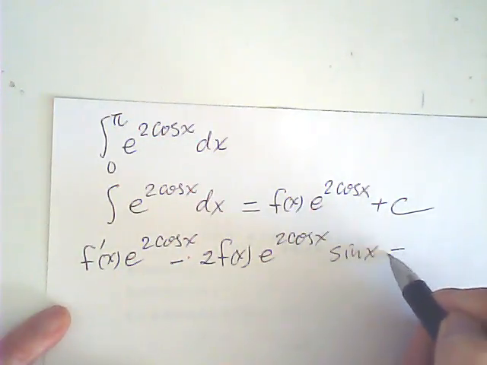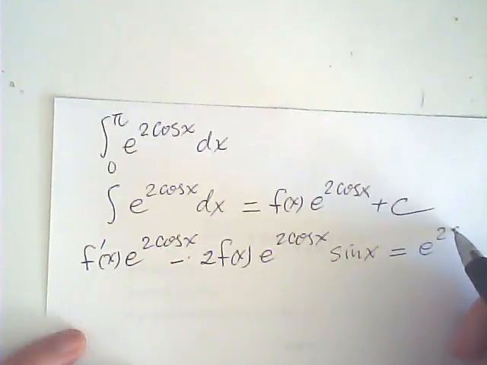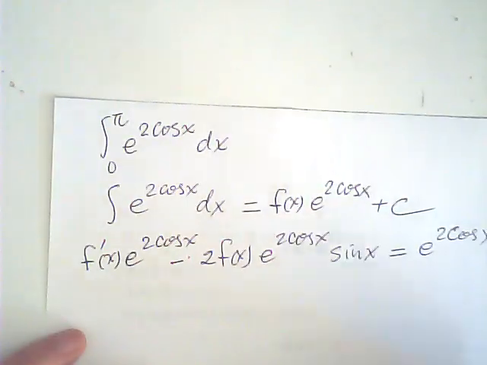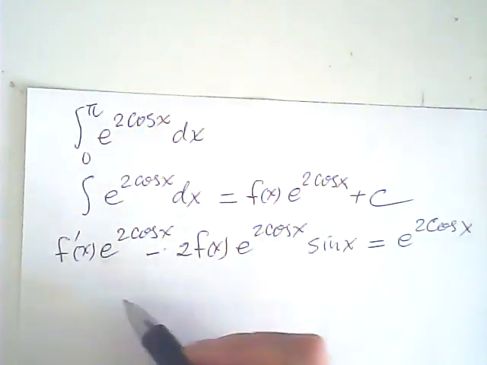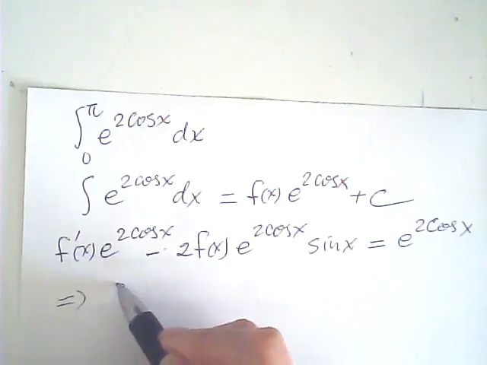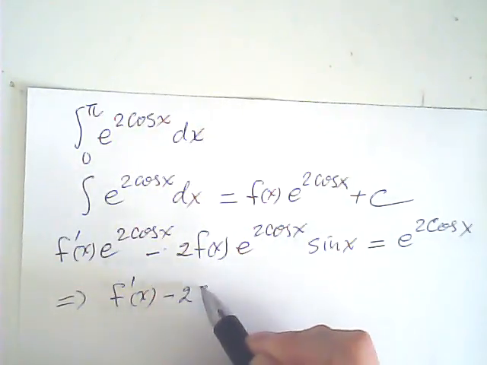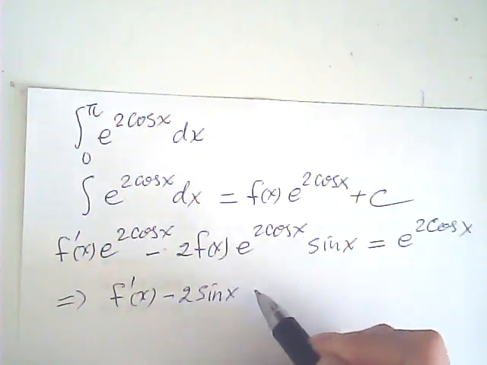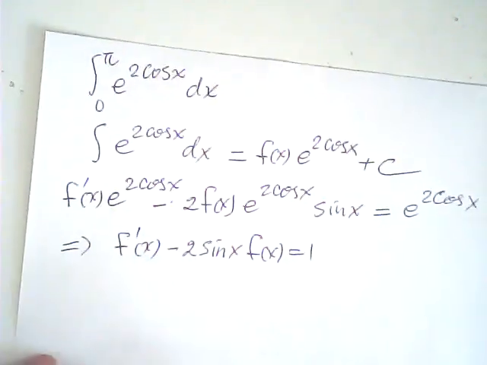The left side derivative is equal to e to the 2 cosine x. Now I cancel the common factor, so I have f prime of x minus 2 sine x f of x is equal to 1.